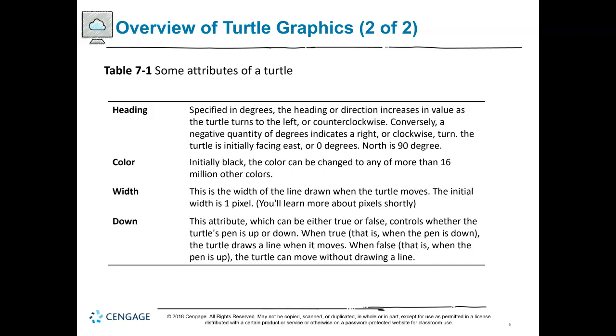Width, you can say how wide you're going to be. And then you can also set whether the pen is down or up. In other words, you're controlling where this object tracks across the screen, whether it's drawing or not, and different attributes about that drawing.